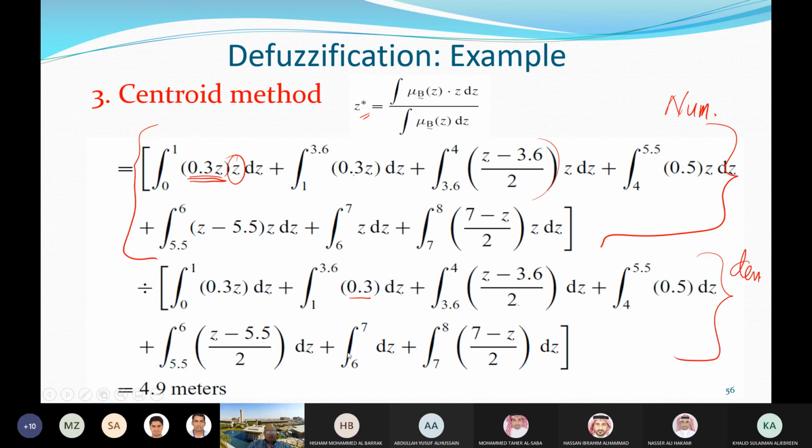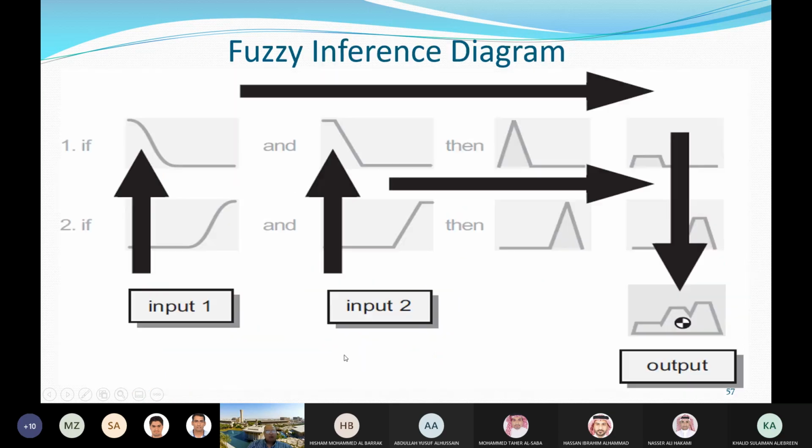Okay, so we converted the collective output of the rules to a certain value, which is the output. So this is the input. You calculate it for all if-then rules, input 2, and then you combine with and or, and then you calculate the outputs. You collect the outputs together.